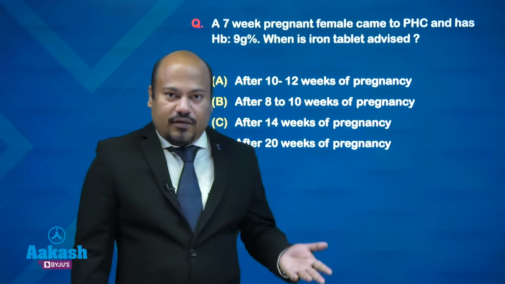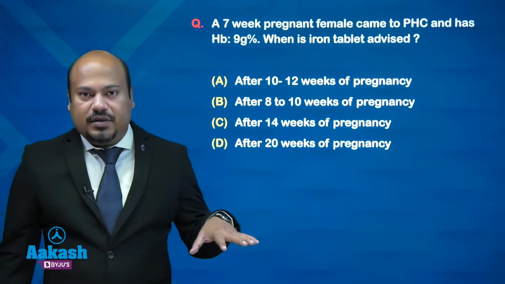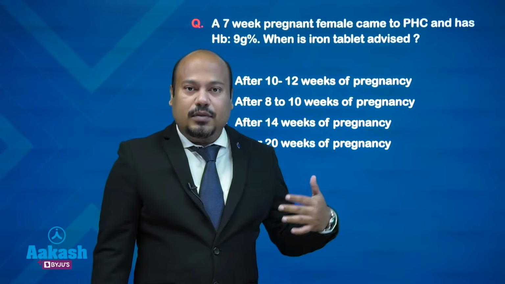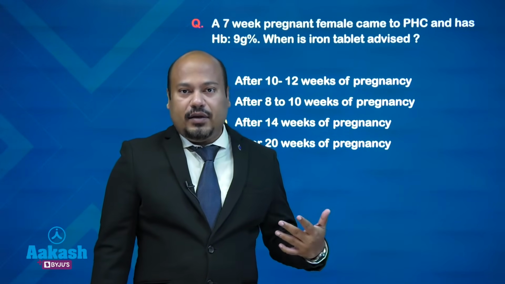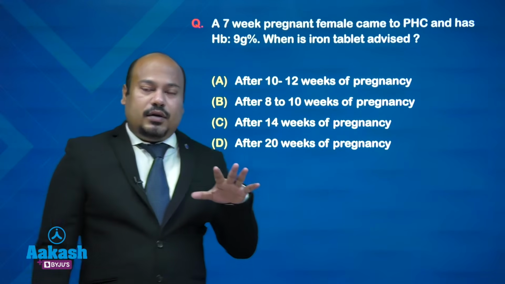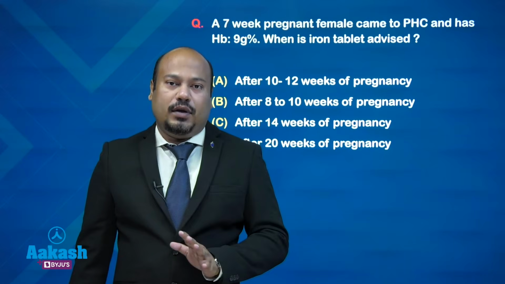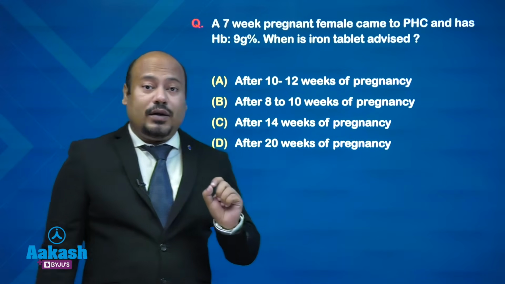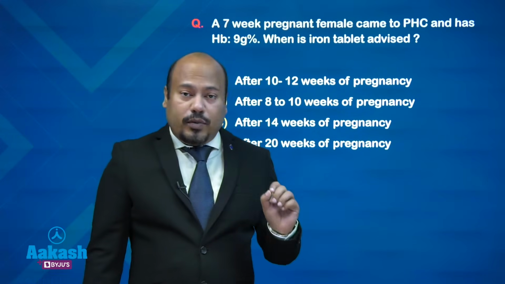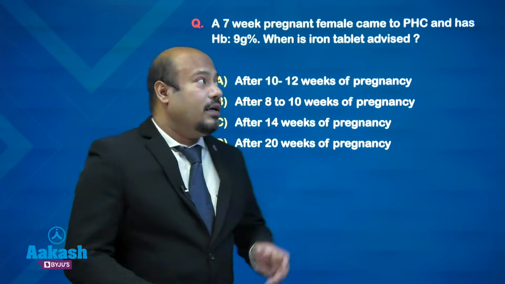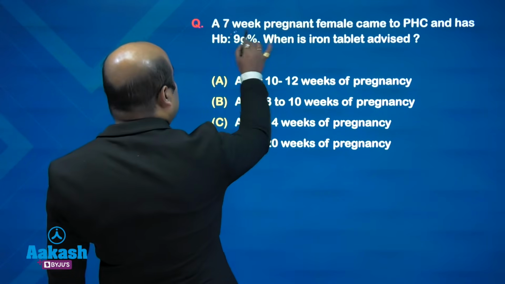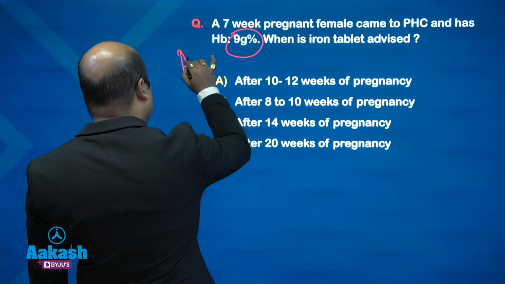So if you give iron folic acid tablets in the very first trimester itself, this will aggravate those symptoms of nausea, gastritis, vomiting, yes or no? So usually the iron tablet is given after the first trimester, that is from the second trimester onward. But this is for those women who have hemoglobin more than 11 gram%. But here you see the hemoglobin is 9 gram%. So the patient is suffering from anemia.